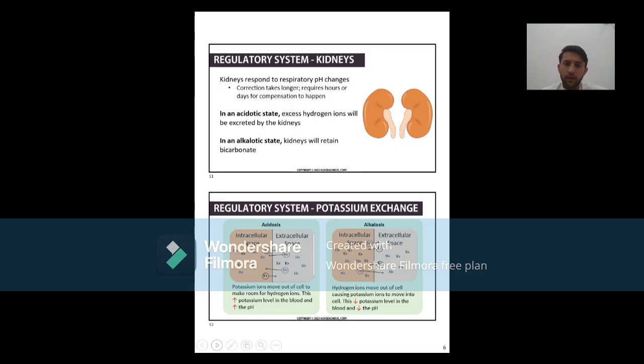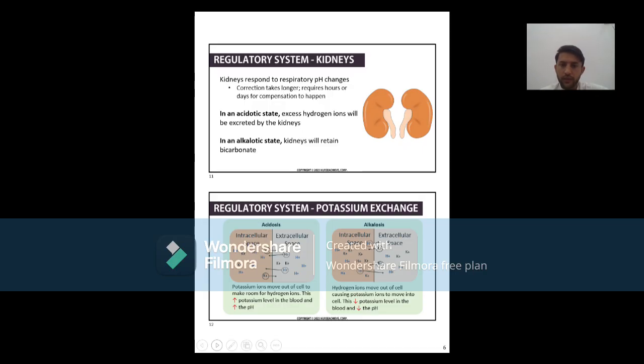Potassium will move outside and hydrogen ion will enter inside because potassium leaves a space for the hydrogen ion. The potassium level will increase in blood. We call it hyperkalemia, and the pH will go up.